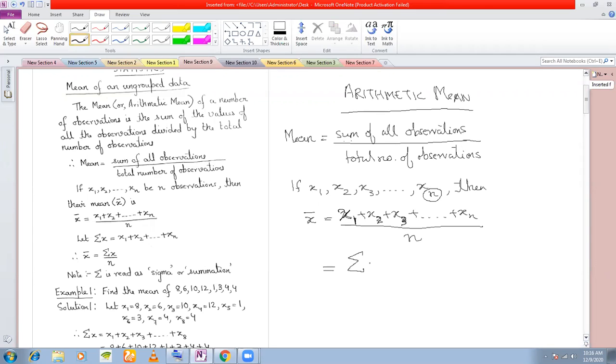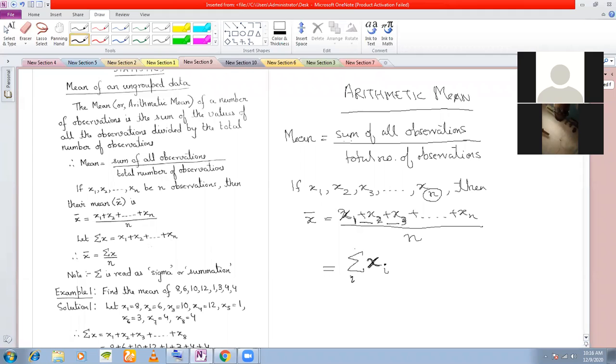So what you do here is you write this as summation x. This summation means plus. That means we are adding all the x's, and we give a small i here because of the subscript. Your subscripts are 1 2 3 4 and continue till n, and we give the limit here.